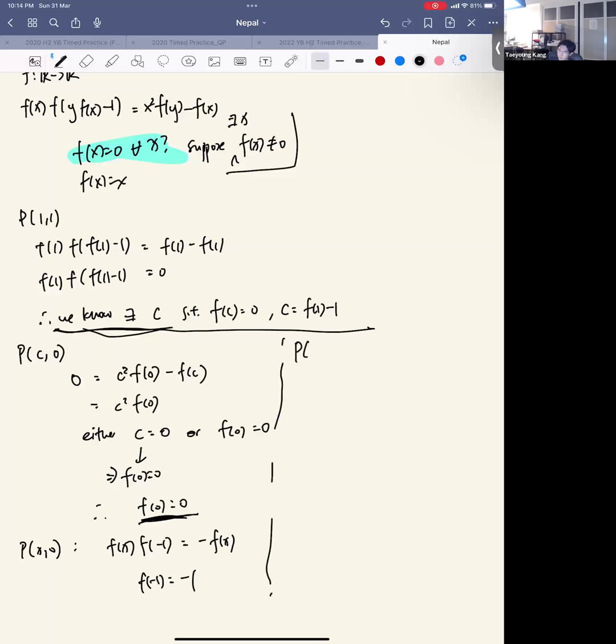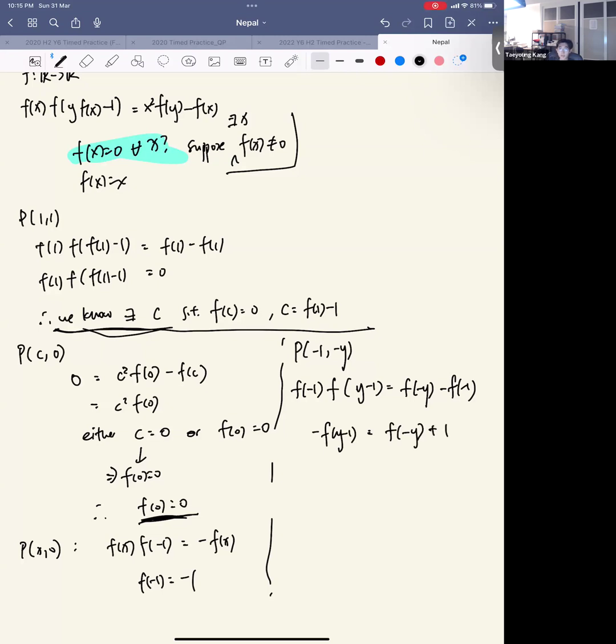So now we substitute -1, -y. What does that give us? That gives us f(-1) f(y - 1) is equal to f(-y) - f(-1). So -f(y - 1) is equal to f(-y) + 1.